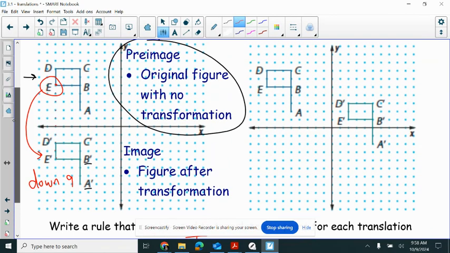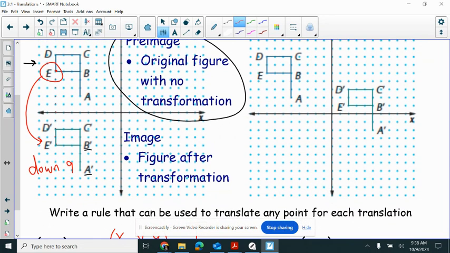The next one has two transformations going on. We call this an oblique translation because it goes left or right and up or down. If I start at point C, this time it goes right and down. It goes right 1, 2, 3, 4, 5, 6, 7, 8, 9, 10, right 10 spots. Then it goes down 1, 2, 3, 4.